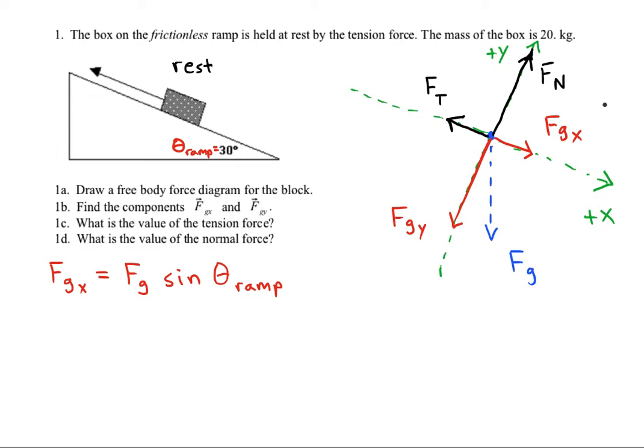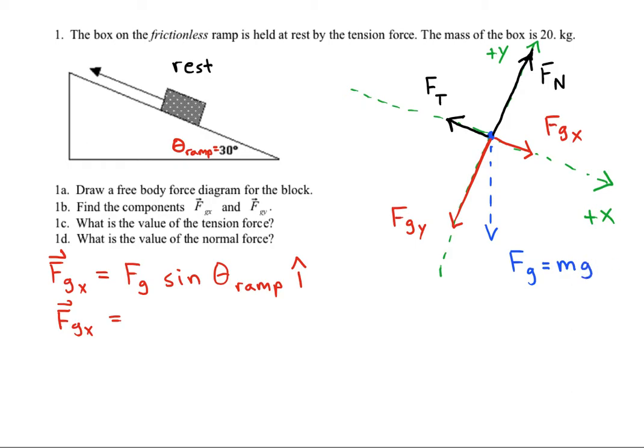Now, we can turn this into a vector if we want, and we would add an i hat on the end of it. i hat points in the positive x direction. All right, so what is our Fgx? We're going to need to find Fg first. So it's a 20 kilogram box.